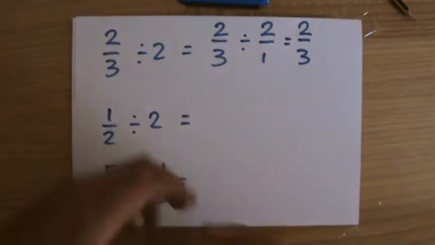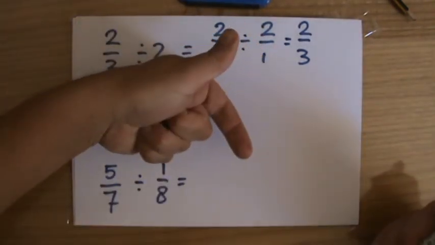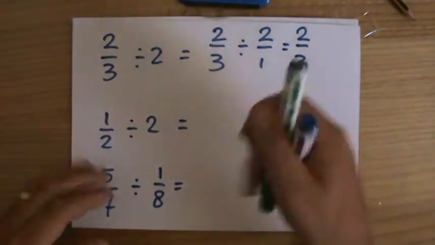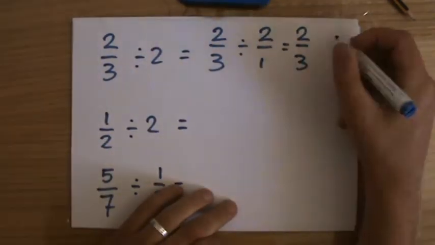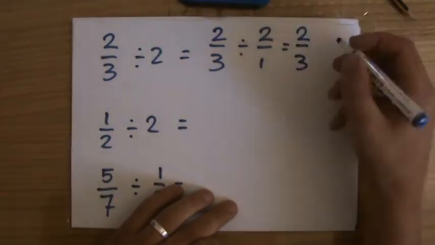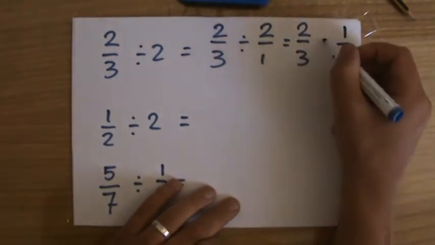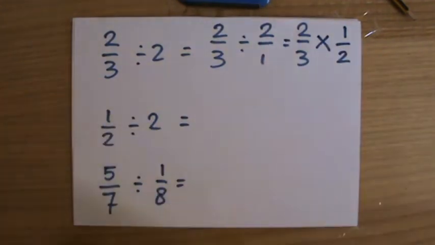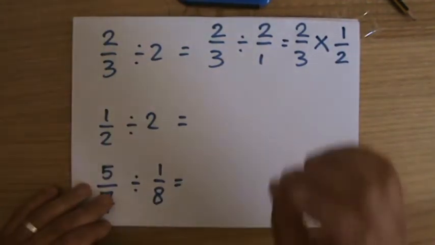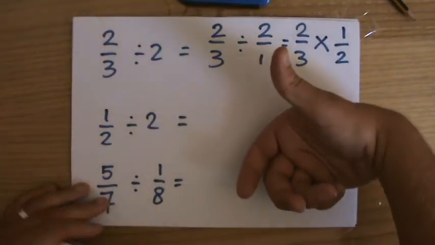Reciprocal, what does that mean? That is turning the fraction around. So 2/3, and the divisor's reciprocal is 1/2, and then dividing becomes times. 2/3 divided by 2 is the same as 2/3 times 1/2.